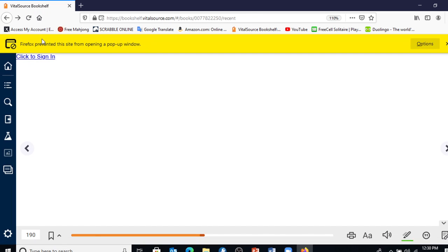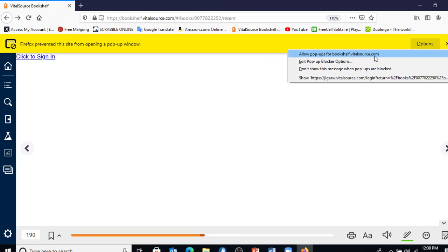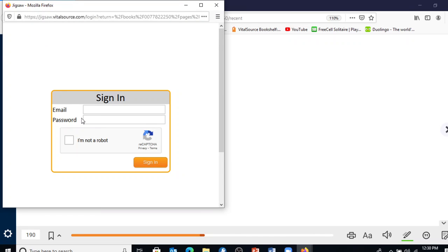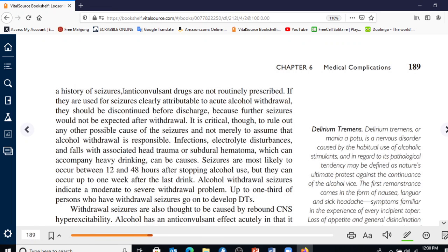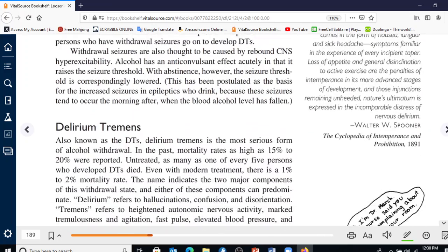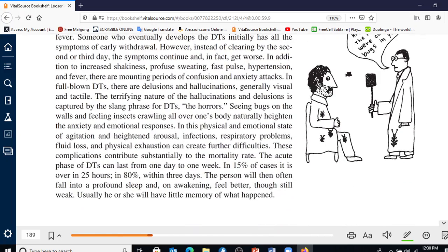I got to sign in again. I'm not a robot. Have I been on here too long with you guys? How long have we been doing this? Okay, there we are. Me and computers, we fight sometimes.